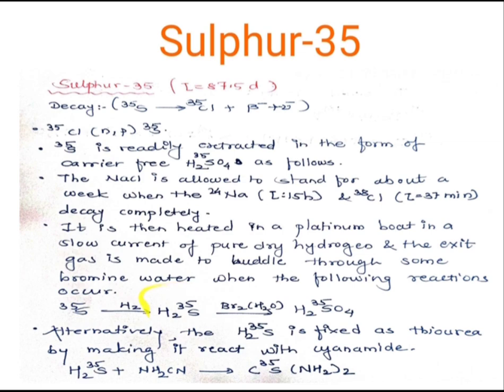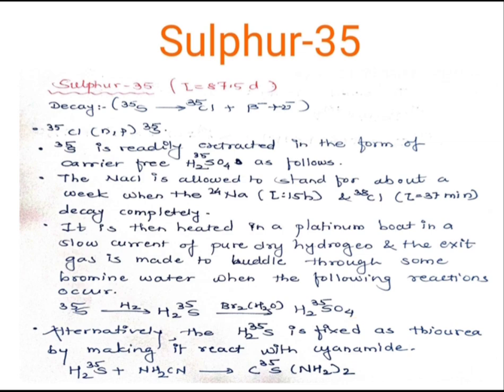After that there is a formation of H2S, in which S is 35. When we bubble this prepared sulfur into the Br2 water, there is a formation of H2SO4, in which the sulfur is 35.